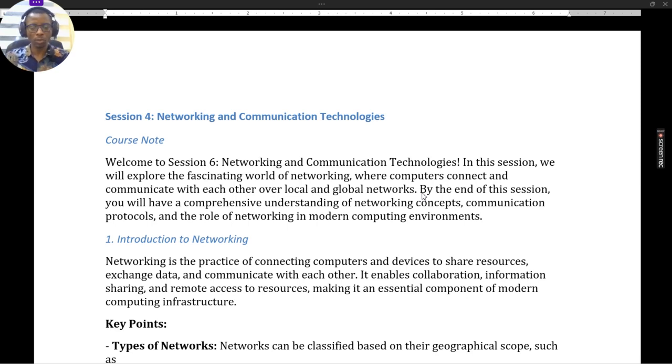I would like to break down that definition. Share resources. What type of resources do computers share? Resources such as files and folders. It could be a printer. It could be a web page. It could be a database.